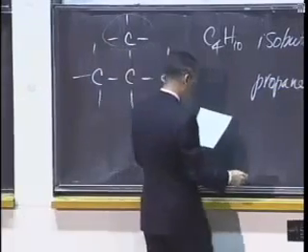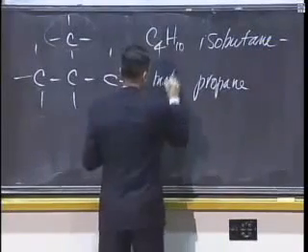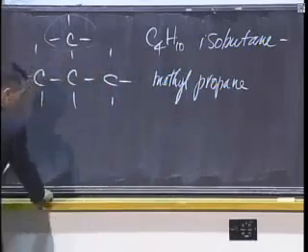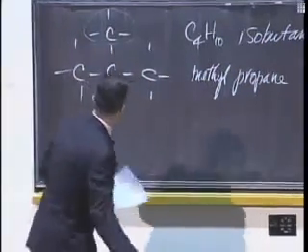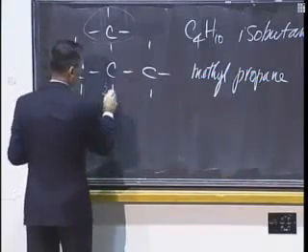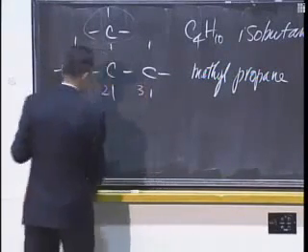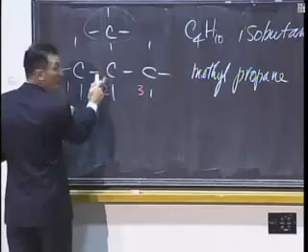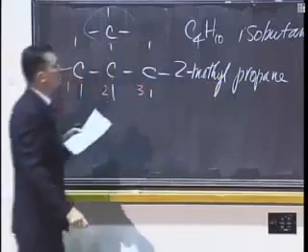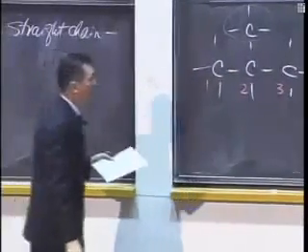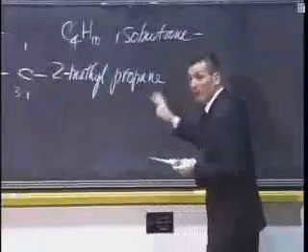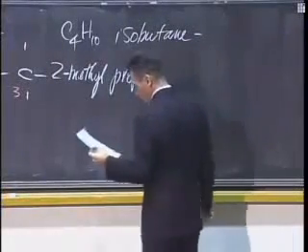So we could call this one a methylpropane. And we could further number the carbons from left to right. So the first one is the number 1 carbon, the second is number 2, the third is number 3, and the methyl group is attached to the second one. So this is 2-methylpropane.